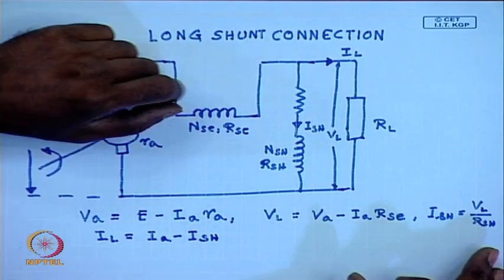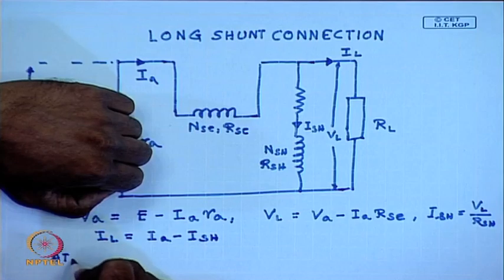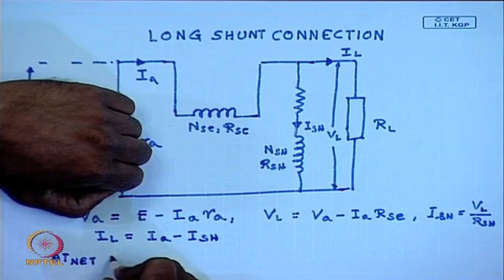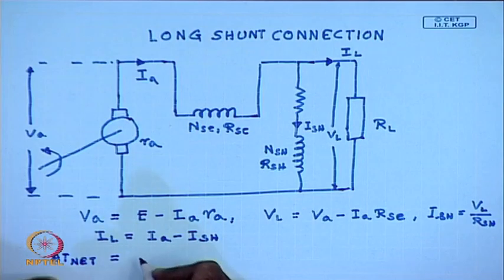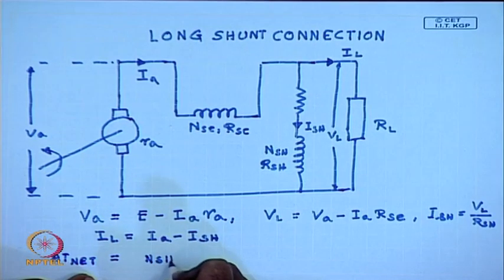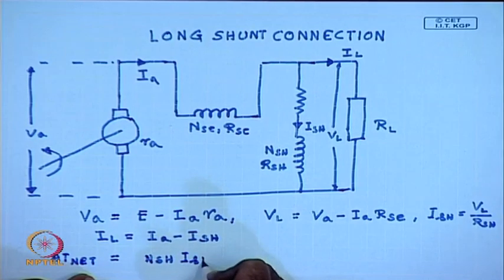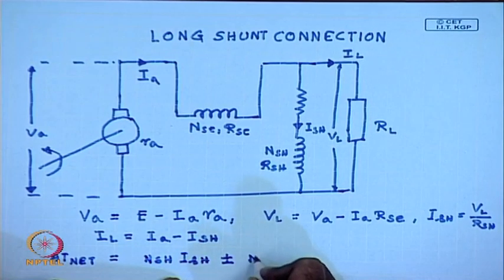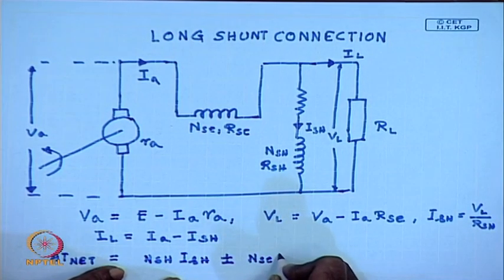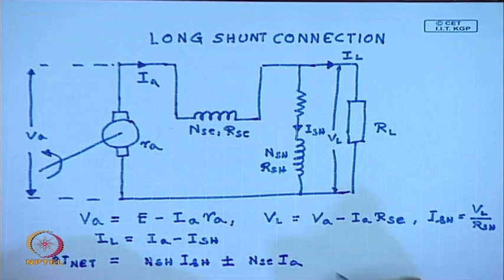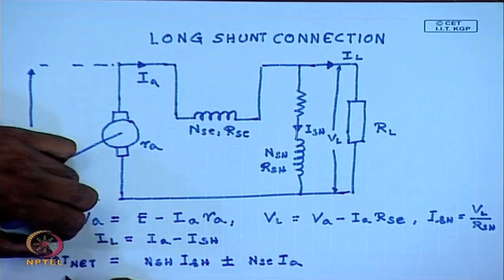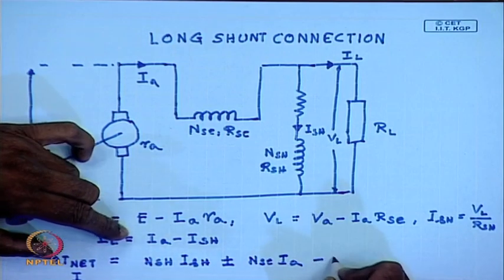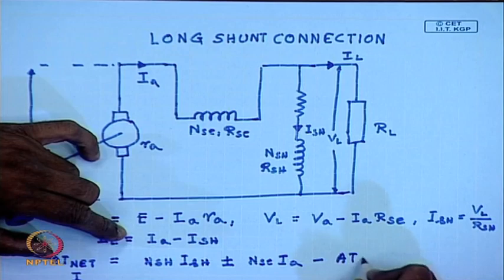The net AT equal to NSH ISH plus minus NSE IA, hence IA minus AT of armature reaction.